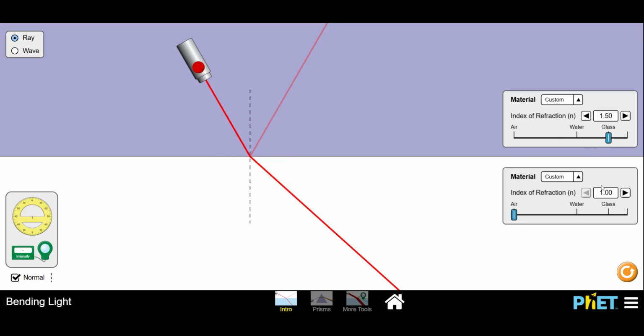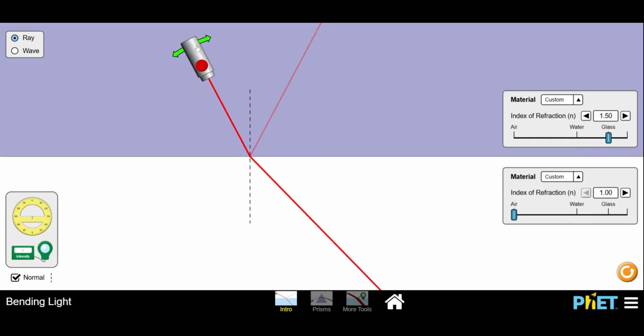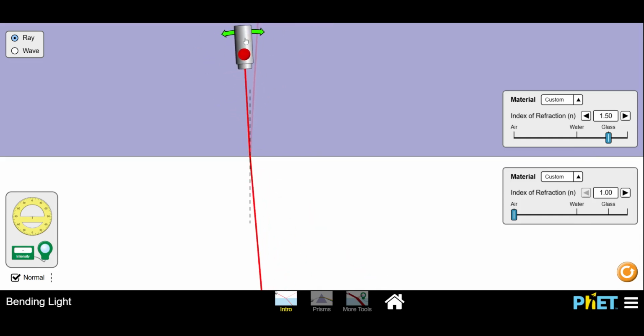If I leave these settings like this and I start adjusting the angle of incidence, then I get another effect happening. So the more direct the laser is, the easier it is for the light to make it into the other material.